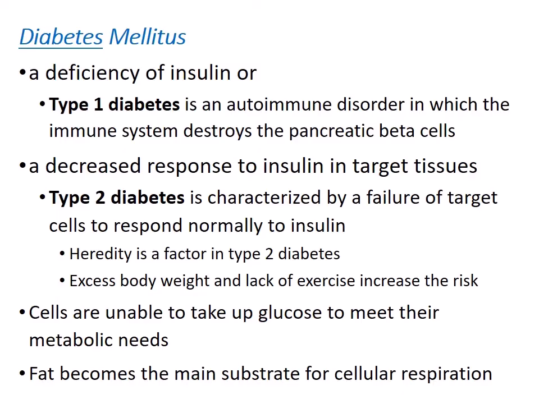So if your cells don't respond to the signal, they won't take in the sugar, and so your blood glucose levels will still remain high. Heredity, excess body weight, and lack of exercise are typical factors in type 2 diabetes. So no matter what, your cells are unable to take up glucose to meet their metabolic needs, and so fat becomes the main substrate for cellular respiration.